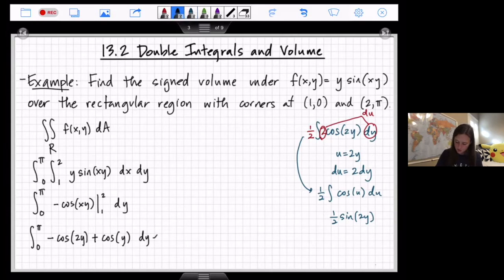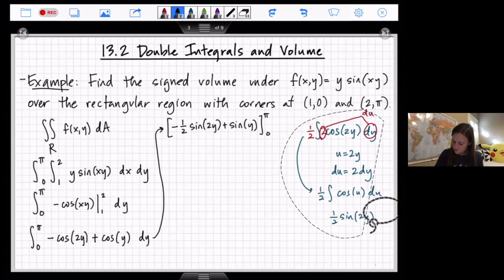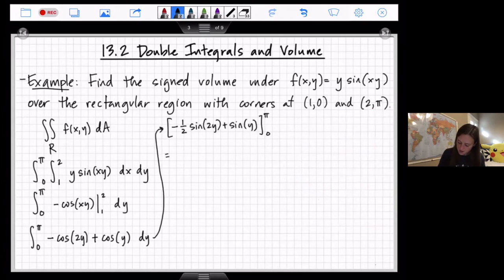So let's continue our work over here. I've got negative antiderivative of cosine 2y, which I just figured out was 1/2 sine 2y. Antiderivative of cosine is sine, so sine y. And all of that we're going to evaluate from 0 to π. Again, I need more room, so let's get rid of our scratch work over here, and let's plug in π, minus plug in 0.